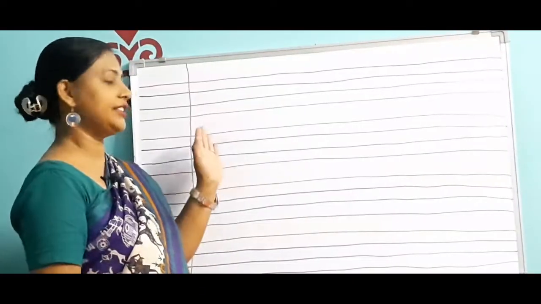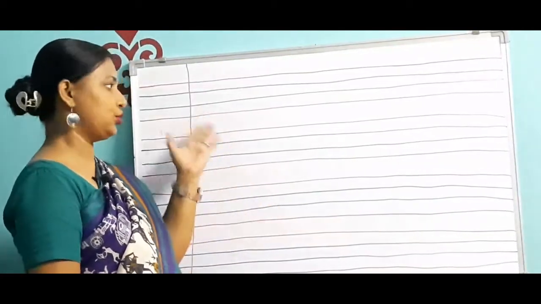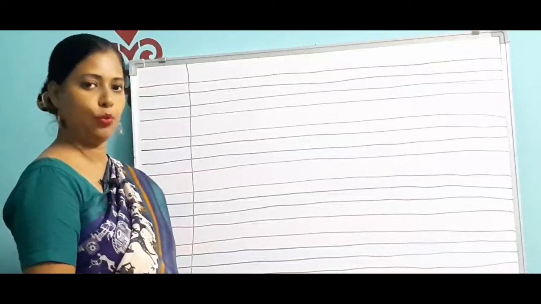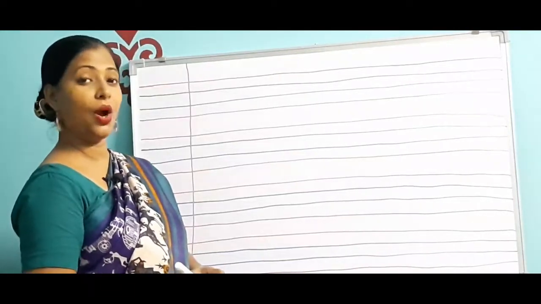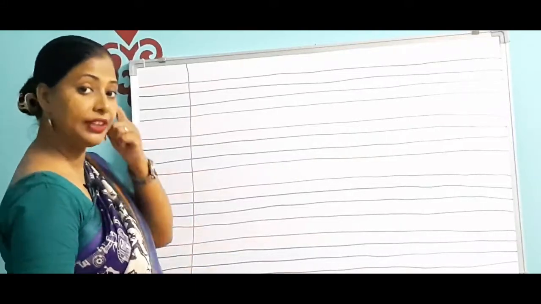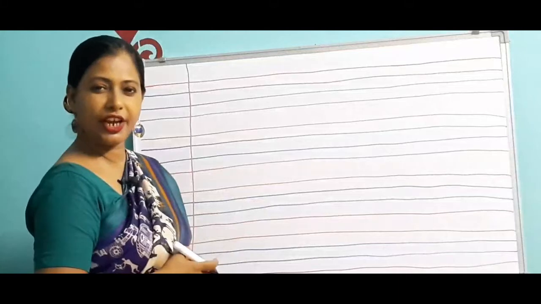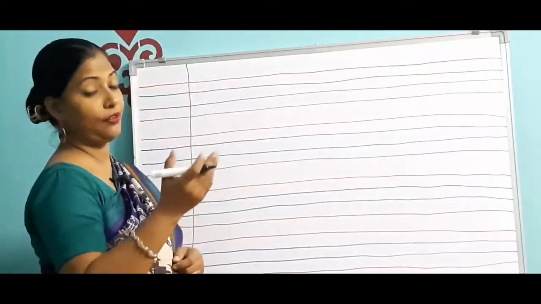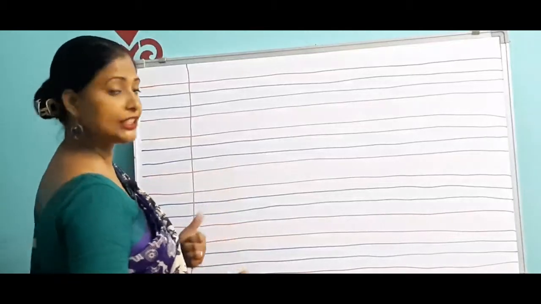So now children, you can see you have lines in your copy. I have also drawn the lines over here on my board. Now I will teach you how to write O and P within the lines, okay. First of all, what is the date today? Yesterday was 5th of August, so today is 6th August.